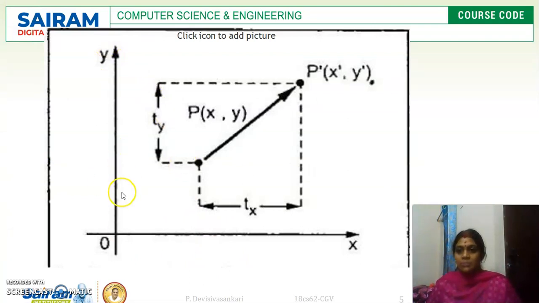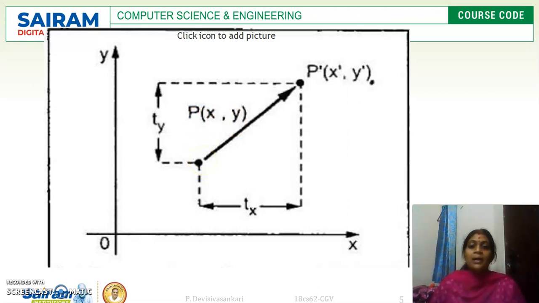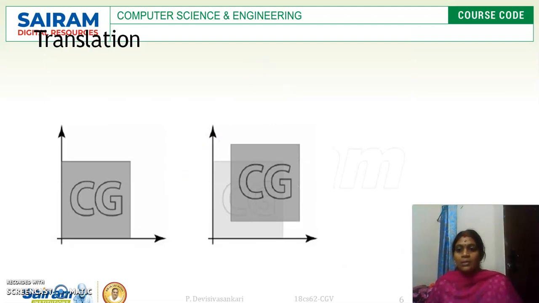In this particular example, if you see the xy plane, we have one point called P of x comma y, and we are shifting it, changing the position from P of xy to P dash, which is the new position. This kind of operation is called translation.